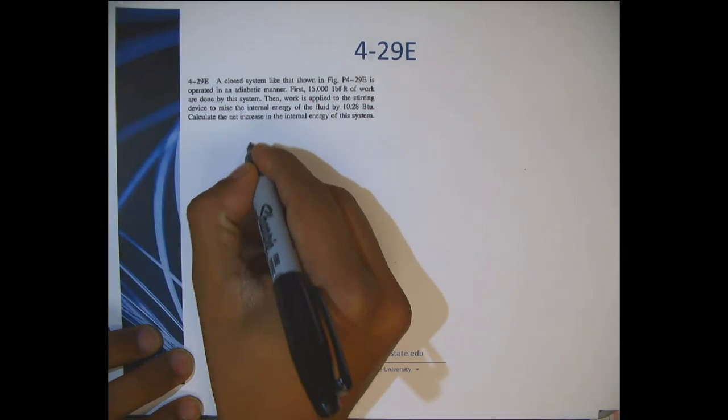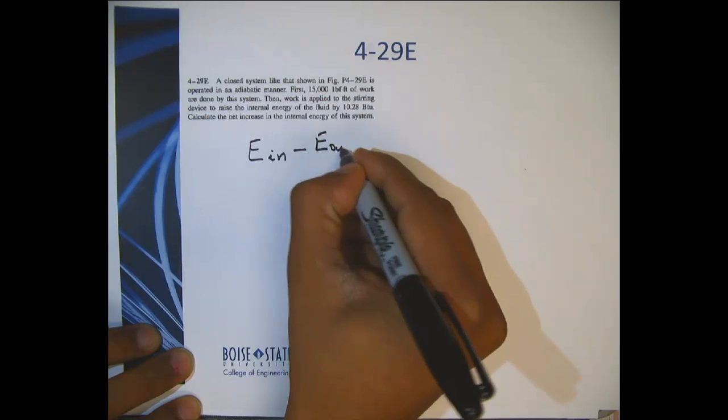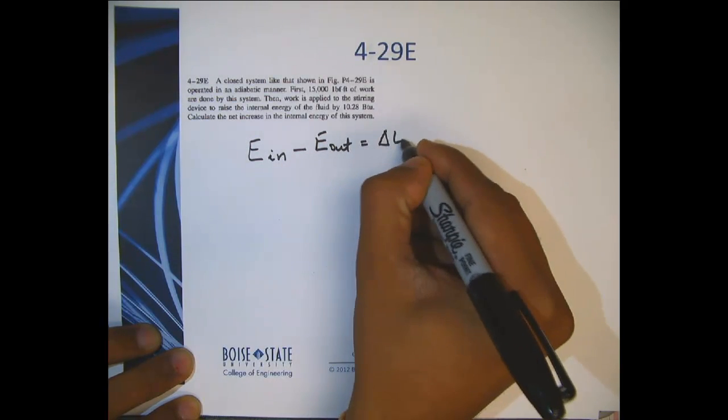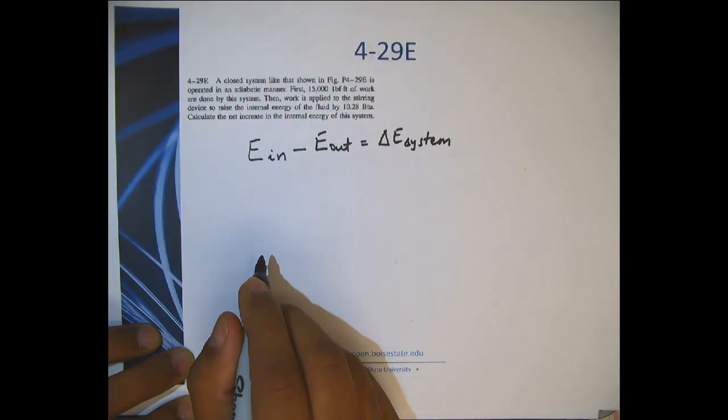So we learned that it is a closed system, which would mean that there is no mass coming in or going out. So that would mean that we can apply the first law of thermodynamics. The general energy balance for any system undergoing any process we learned is E in minus E out is the change in the internal, potential, or kinetic energies in the system.